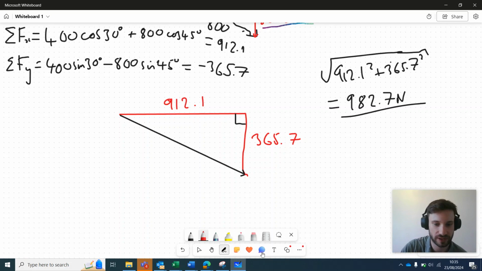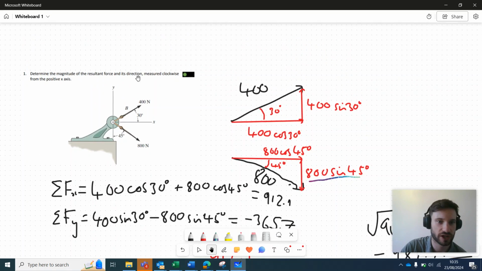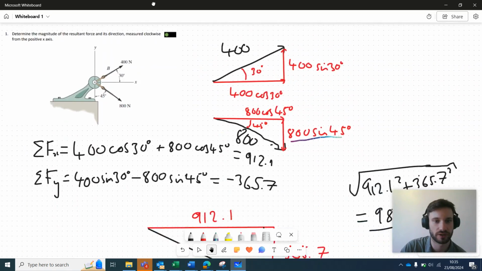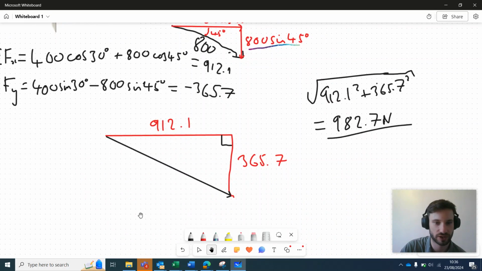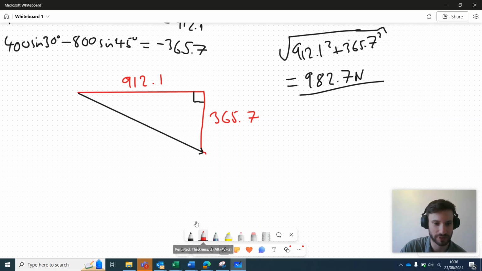The problem also asked, let's remind ourselves of the problem. The problem asked for the magnitude, it also asked for its direction, right? So how might we determine its direction? Well, by inspection, this is nothing but a simple trigonometry problem. I'm trying to find this angle here, the angle with the horizontal.